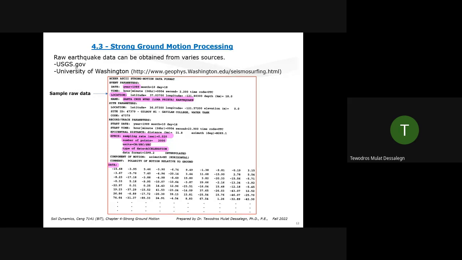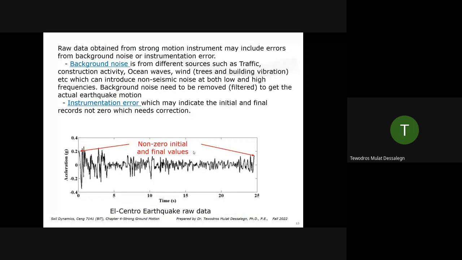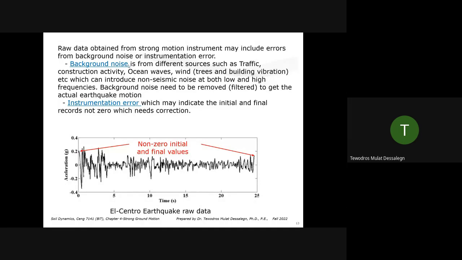USGS is one site, University of Washington is another, and there are many international sites where you can find raw data. But once you find raw data, it may contain error, either background noise, construction around, or even instrument error. So the raw data by itself is not usable.